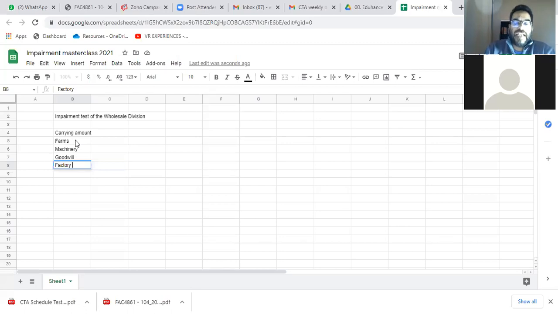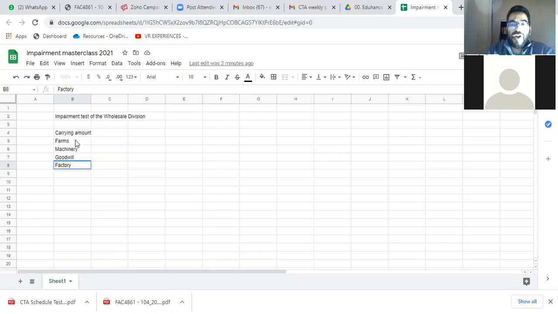So when you have a corporate asset, you need to ask yourself, can this asset be allocated on a consistent and reasonable basis to the CGU under review? What is the CGU under review? For our purposes, it is the wholesale division. So the question you ask yourself: can the factory be allocated to the wholesale division on a reasonable and consistent basis?